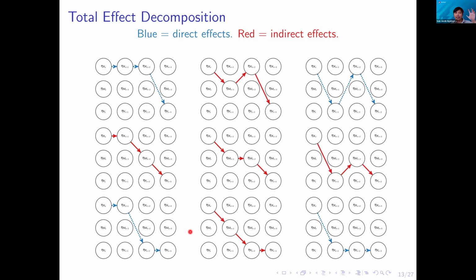So we sum up all those indirect effects to get the indirect effect of coping on the association between stress and mood. We sum up all the direct effects to get the direct effect, or the direct association, between stress and mood. Okay, how do we do that in continuous time?